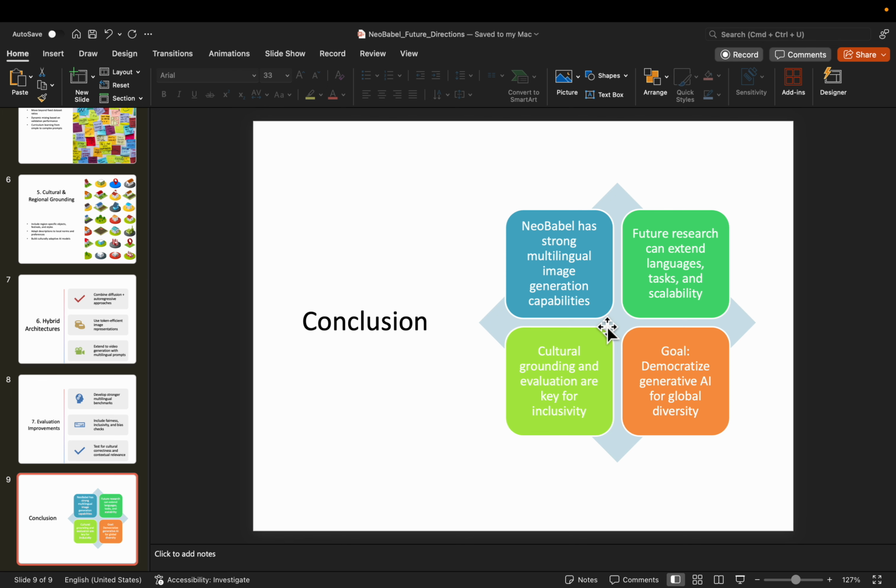We can think of scaling up our model and mixing the data in the instruction tuning phase in different proportions, dynamically trying different proportions. We can bring cultural grounding in, and explore hybrid architecture and better evaluation metrics.